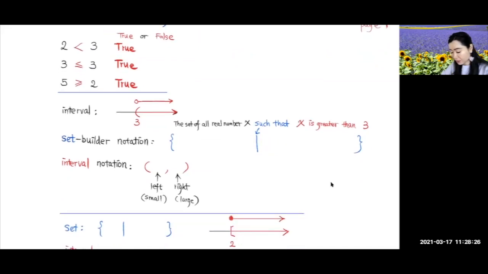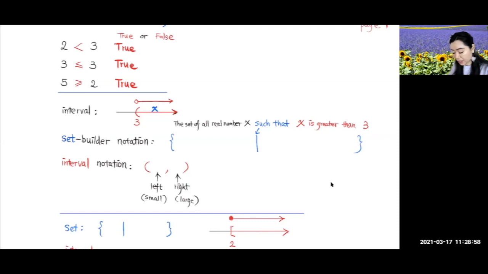Now the next one we're going to talk about will be interval. When I try to represent those numbers that are greater than 3, I will shade to the right side of 3, and I use a parenthesis over here. That means the 3 is not included. So x will be on the right side of this 3, but not including 3.